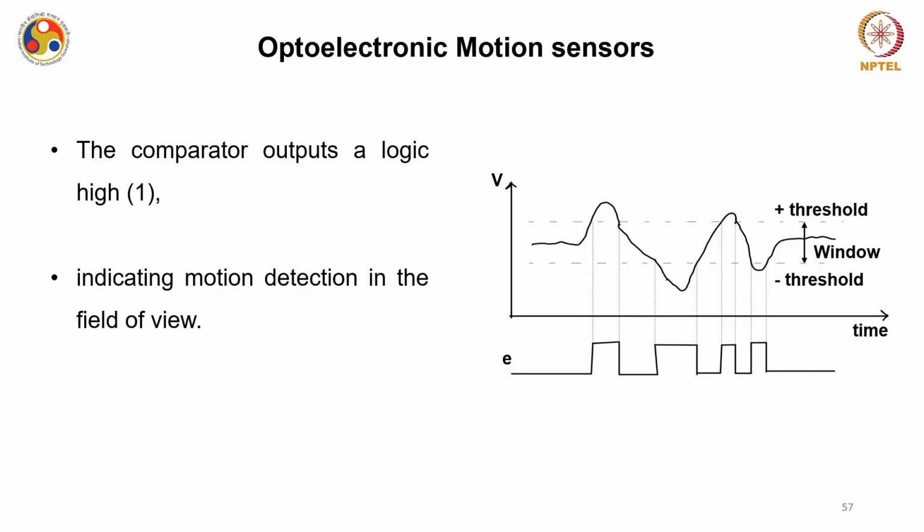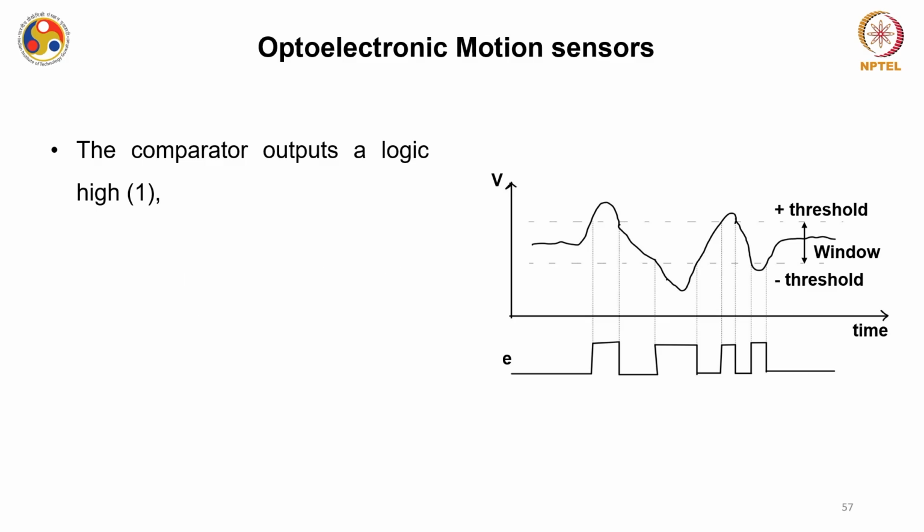Logic 1 means the object is in motion and in the field of view of the lens. So, that is how a basic optoelectronic motion sensor works.